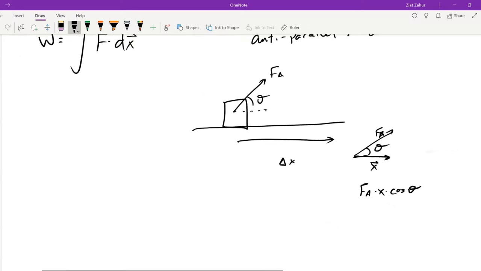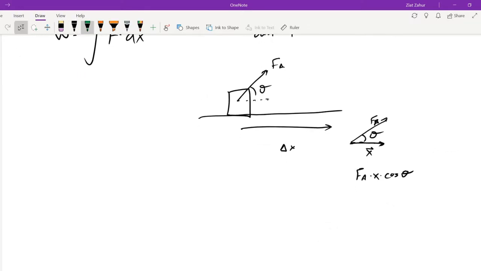Or the other way to look at it is that the horizontal component Fax is already equal to Fa cosine theta.